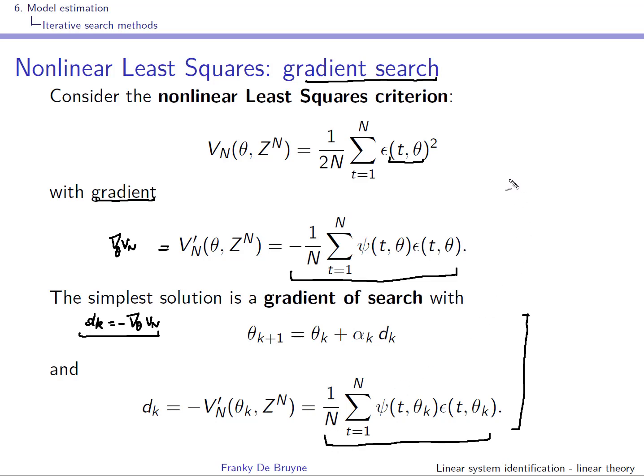Remember that psi t theta is really the gradient of the one step ahead prediction with respect to theta, and we'll see later on in the slides how you can compute this for a given model structure, and we'll consider the ARMAX model structure and the output error model structure.